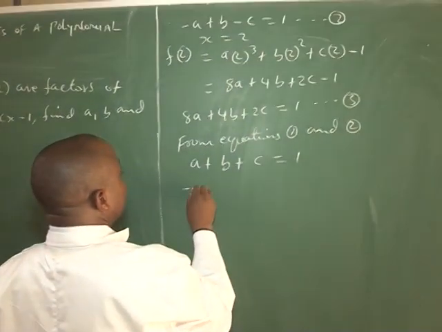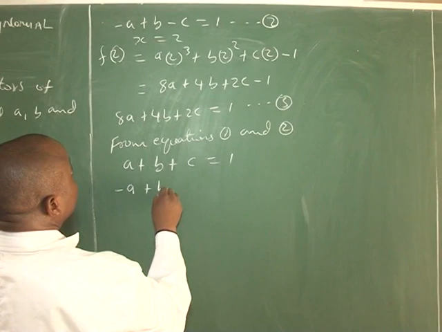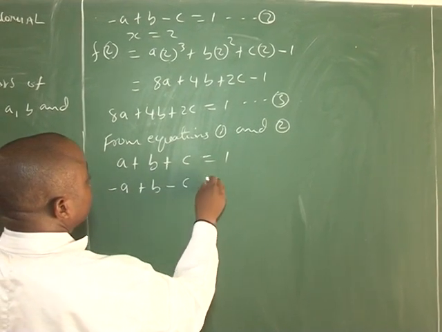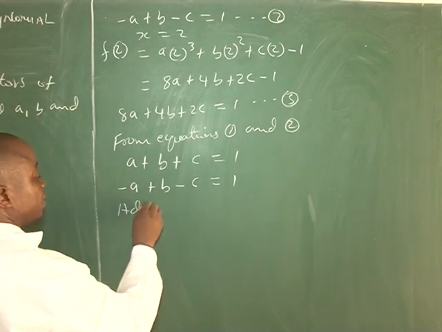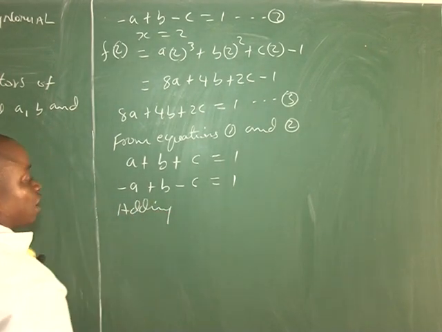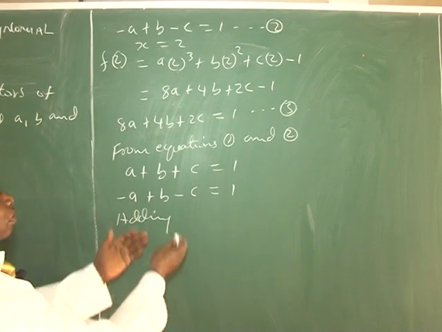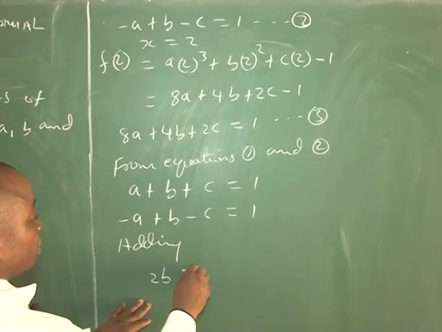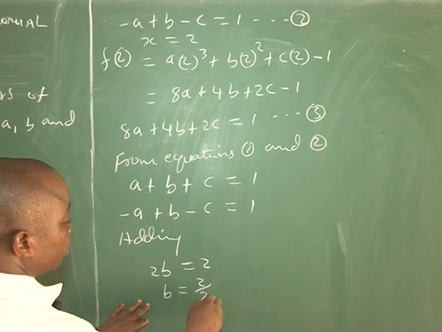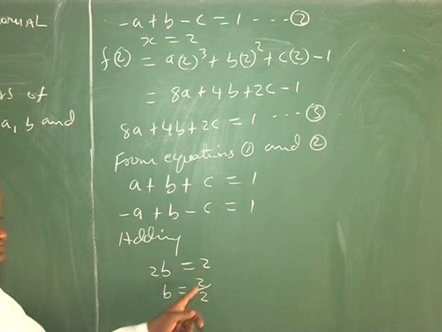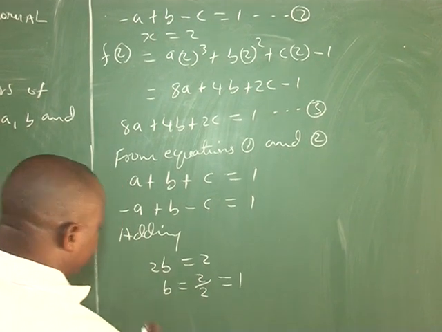Then 2 is minus a plus b minus c equal 1. So adding, if you add these two now, you have 2b equal 2. So b equal 2 divided by 2, that is dividing both sides by 2, and then which is 1.